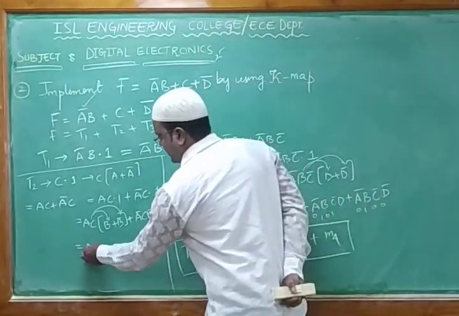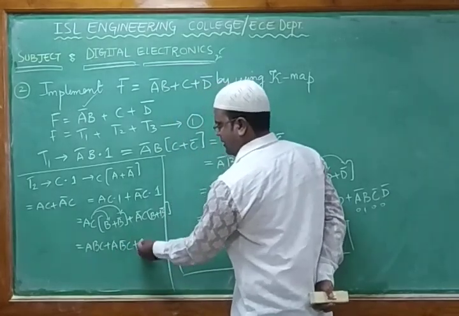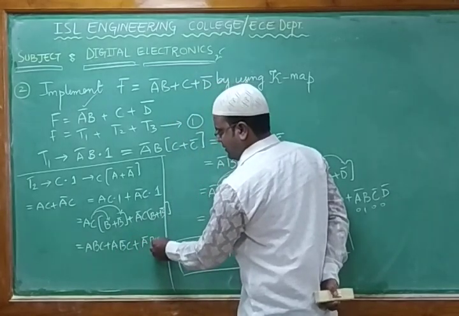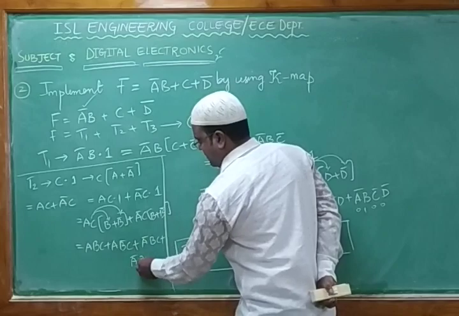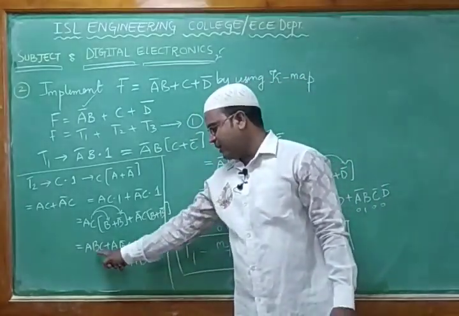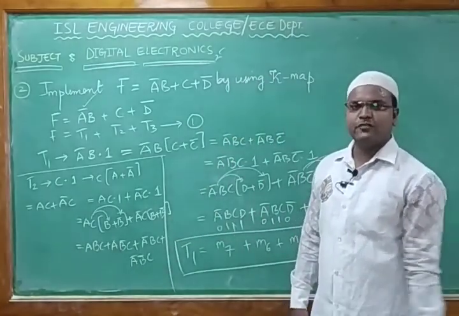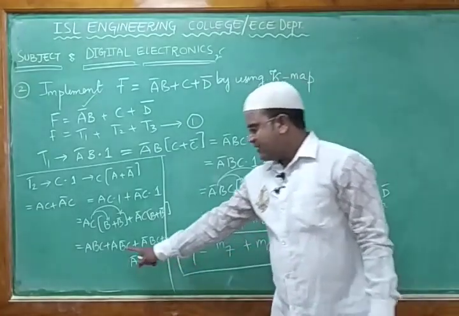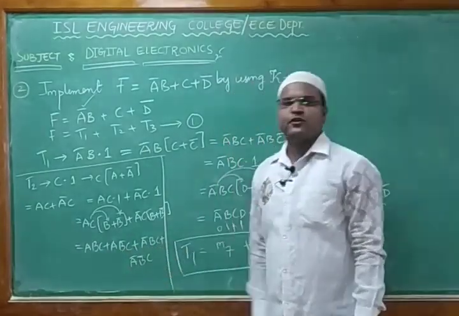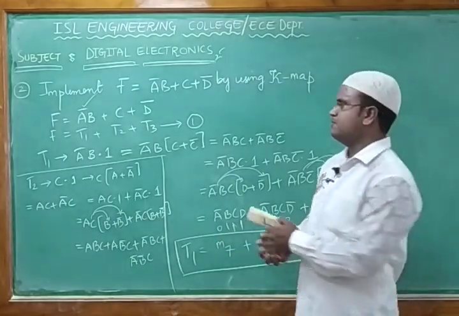So I can write it as ABC plus A B bar C plus, over here, A bar BC plus A bar B bar C. Still, as you can see, in all terms D is missing. So to get the D, what we'll do is write into 1 for all, then we can write D plus D bar and find out the value.